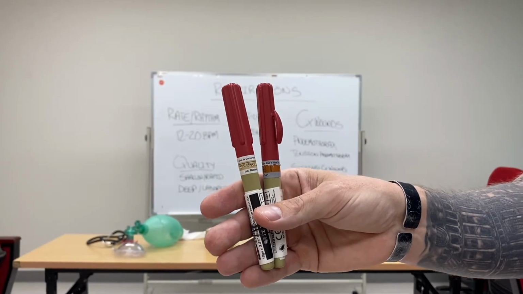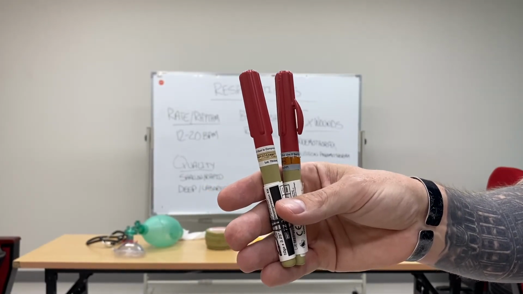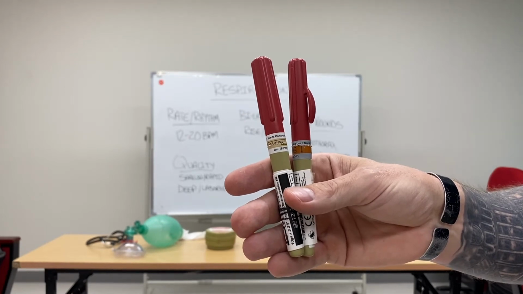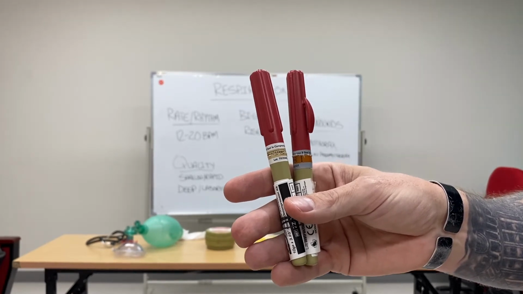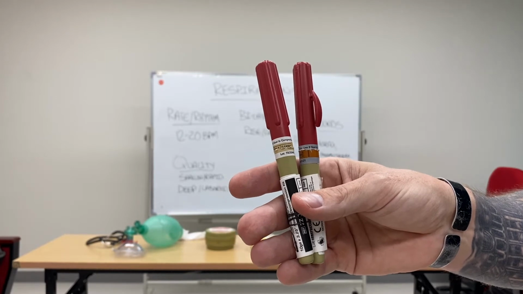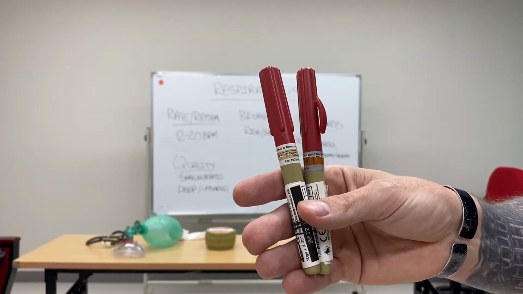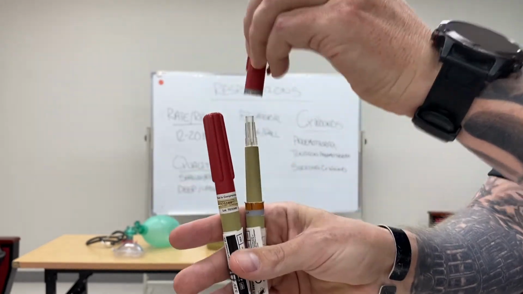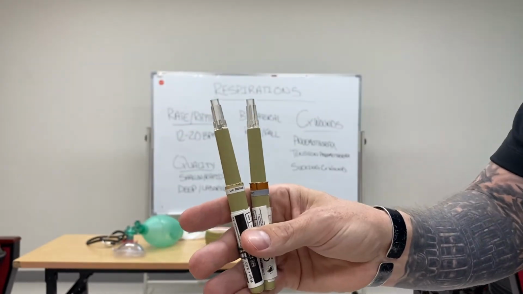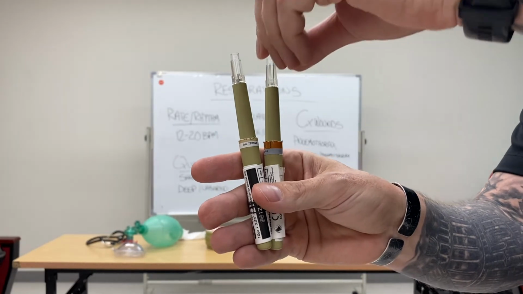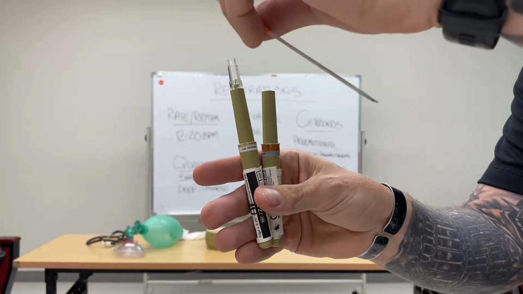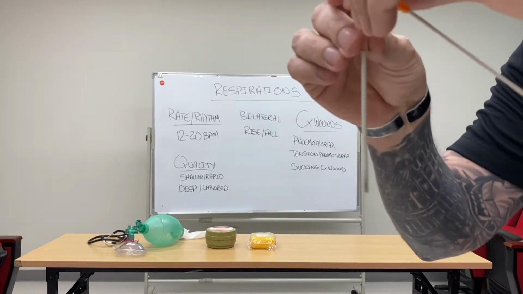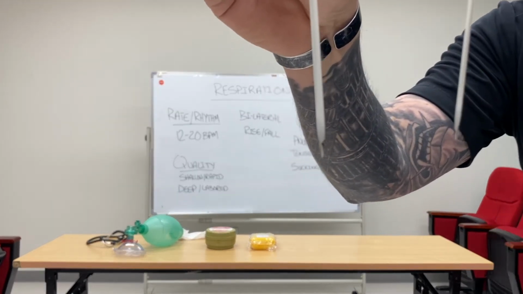What I have here are needle decompression kits. There are two different gauges. The one on the left is a 10 gauge needle, while the one on the right is a 14 gauge. I'll show you the difference in size, and you can see why the 10 gauge needle is more appropriate than the 14 gauge.